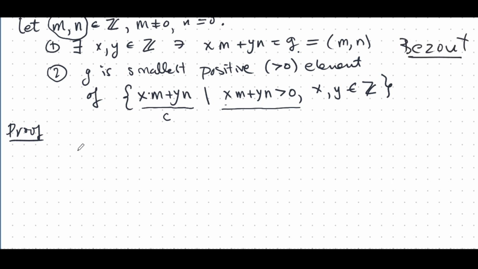Okay, and we want to now prove this. We will prove this in 2 steps. First, we're going to prove that this number G divides both m and n. We will prove that it is a divisor of m and a divisor of n, so it's a common divisor.